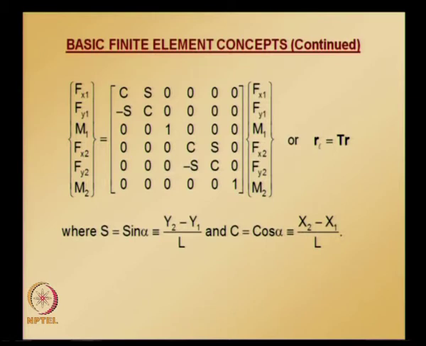Once we know the global xy coordinates of the nodes, we can find what is cosine alpha and sine alpha using the formulas there, and this equation can be written compactly as RL is equal to T times R, where RL is the local force vector or local load vector and R is global load vector, T is the transformation matrix.